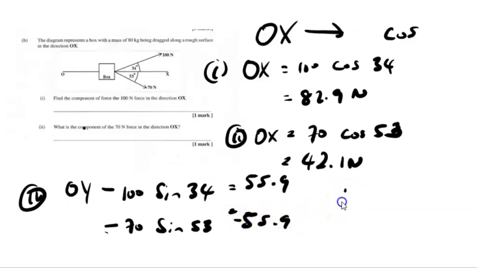So the two forces, one going this way, one going that way, are equal and opposite. Pretty much they cancel each other. And that would have answered the question. The resultant force for the forces in that direction would have cancelled out each other.